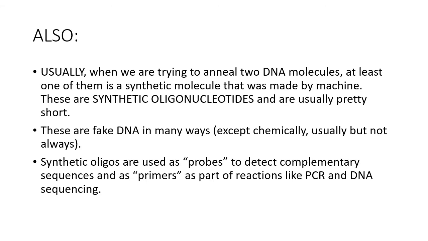One thing that is going to be important for this is that most of the time when we're trying to anneal two DNA molecules, we're not just taking genomic DNA from an organism and asking it to find its own homologous complements. What we're doing instead is using small molecules, synthetic oligonucleotides, to try to find their complements in a complex DNA such as genomic DNA. The synthetic oligonucleotides are small and artificial. They're kind of fake in many ways because they are made by machine.